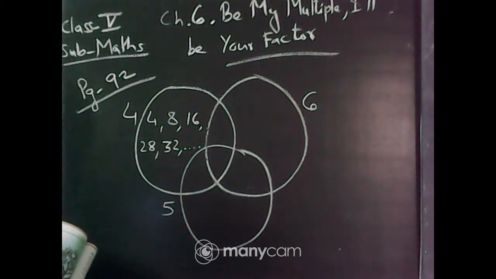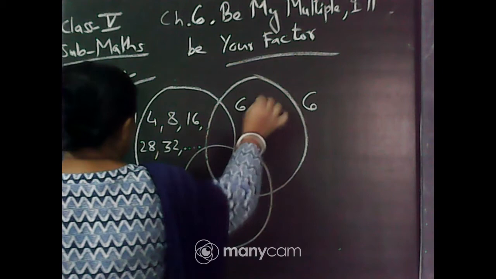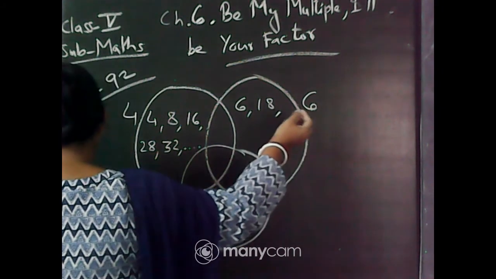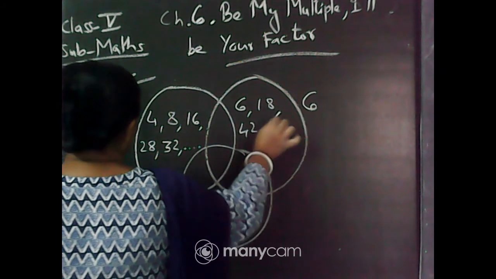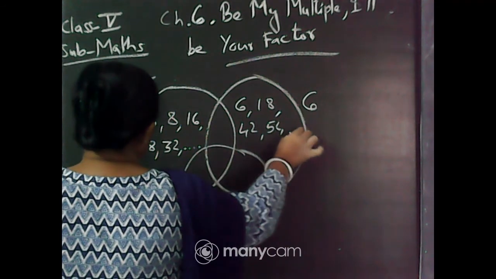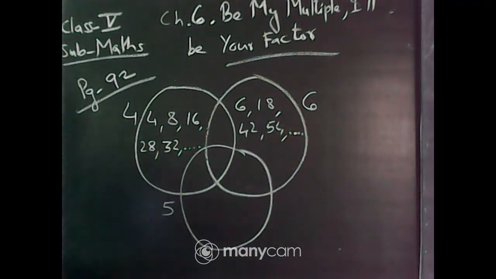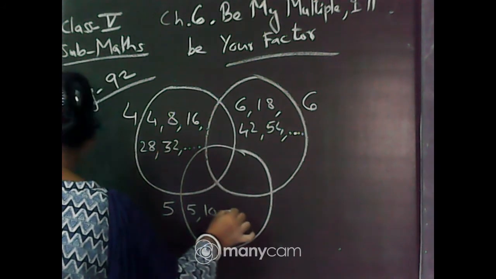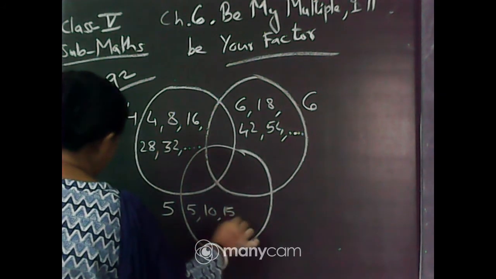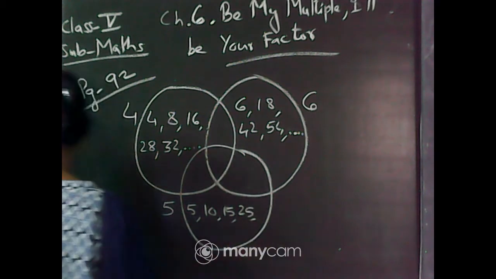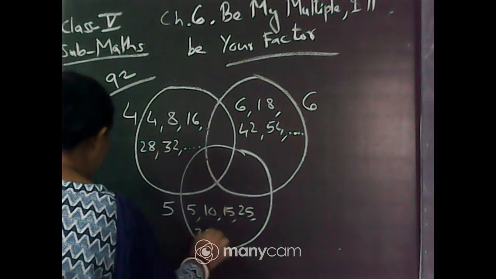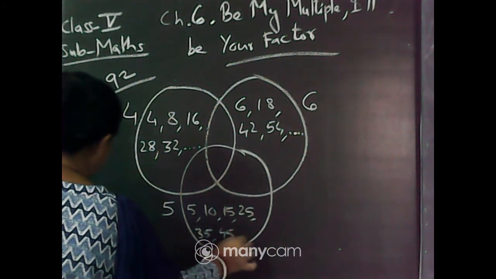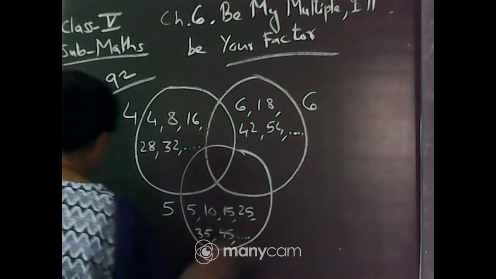Similarly for 6, I can write 6, 18, 42, 54, dot dot dot. Even for 5, 10, 15, 25, 35, 45 and so on.